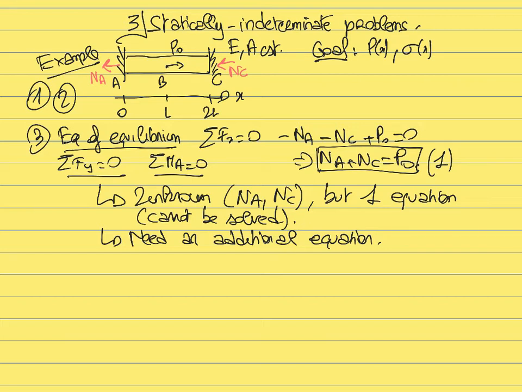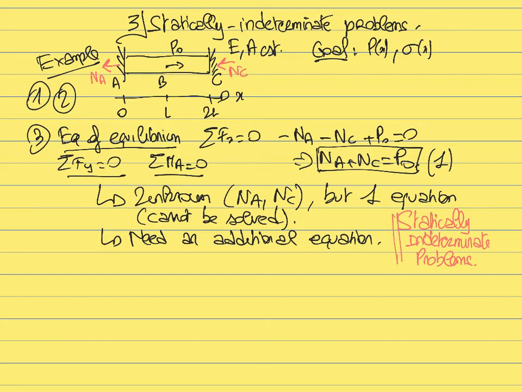So this is an example of a statically indeterminate problem. A statically indeterminate problem is when you have more unknowns than equations, so you cannot solve it directly. You need another equation, and this class of problems are statically indeterminate problems.